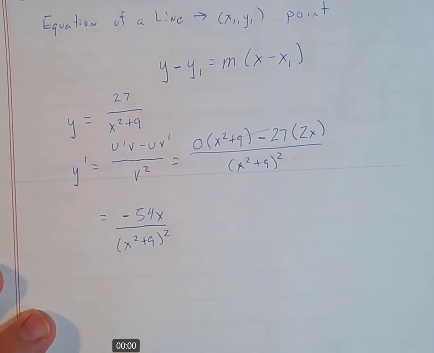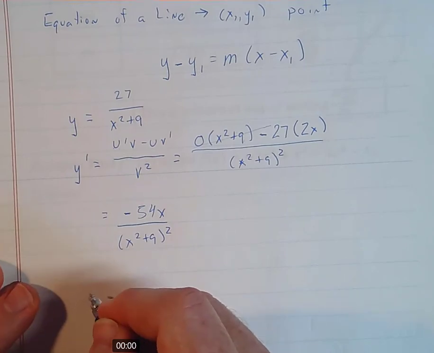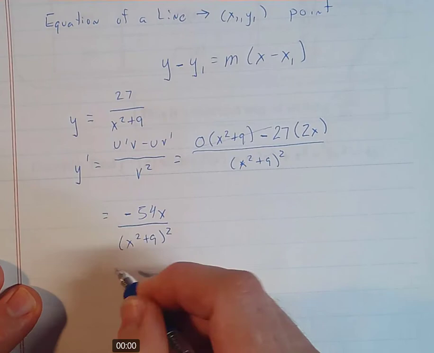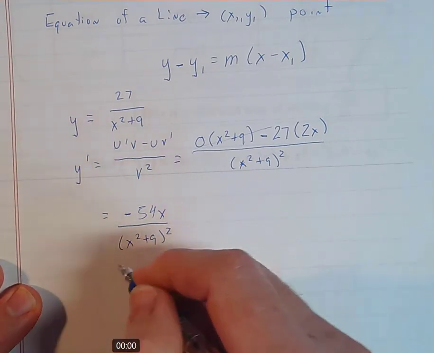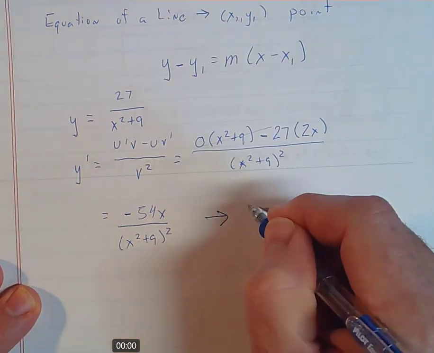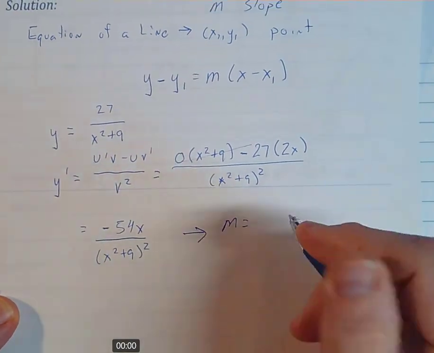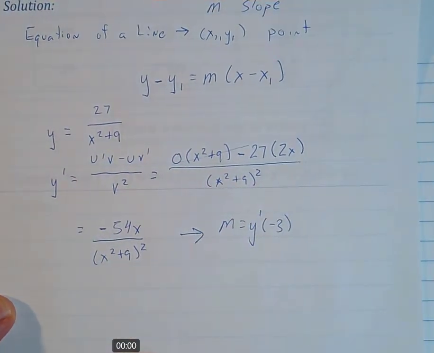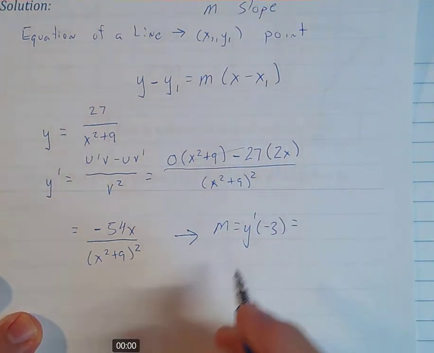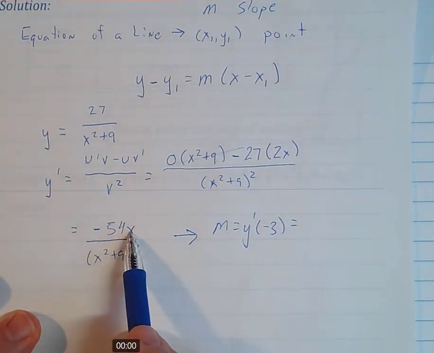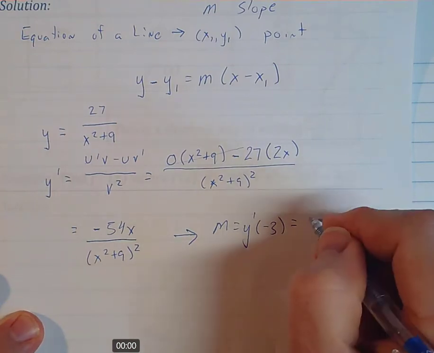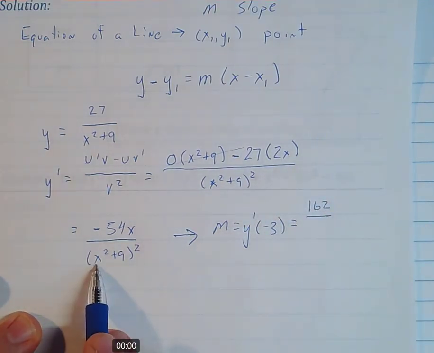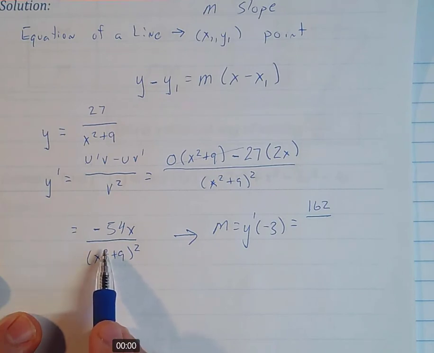Okay, and so I know that the slope is going to be this thing right here with -3 plugged into it. So the slope would be y prime of -3. So if I stick -3 in here, -54 times -3 is going to give me 162. -3 in here will give me 9.